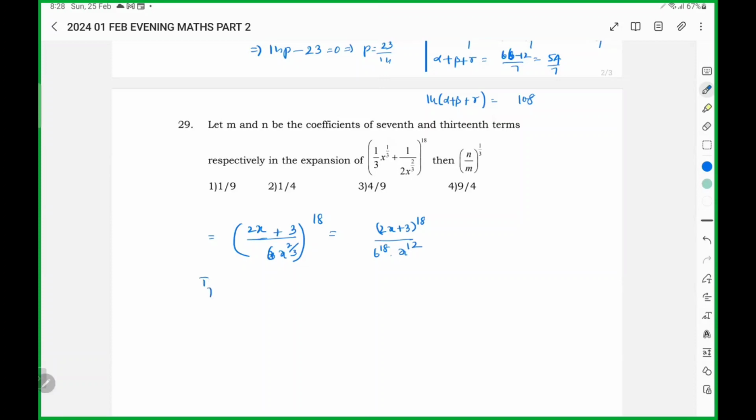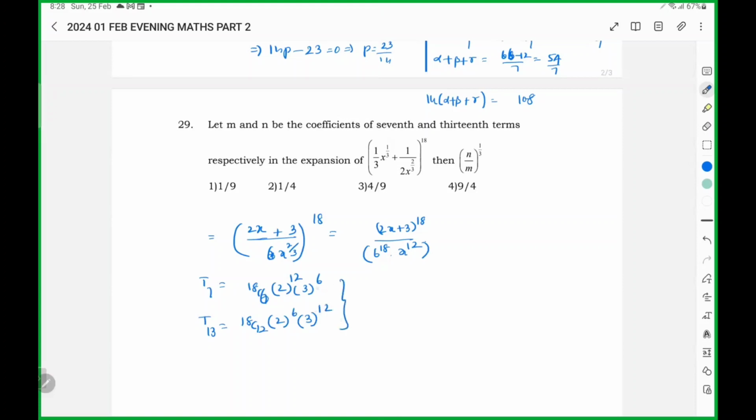So to get the seventh term, the denominator is there for everything, 2 power 18 and 2 power 12. The 13th term, 6, 3 power 12.